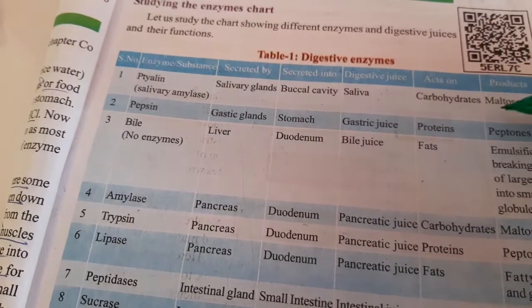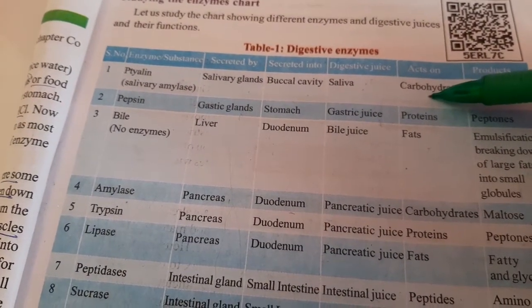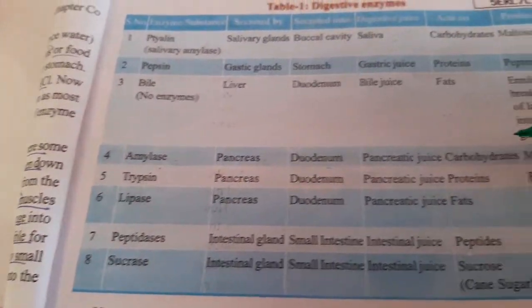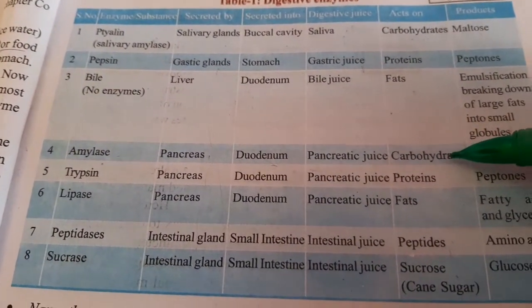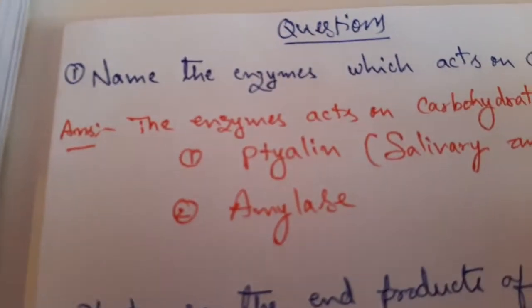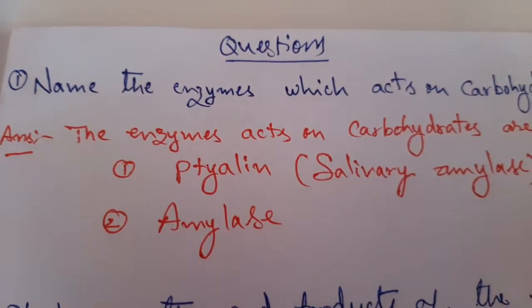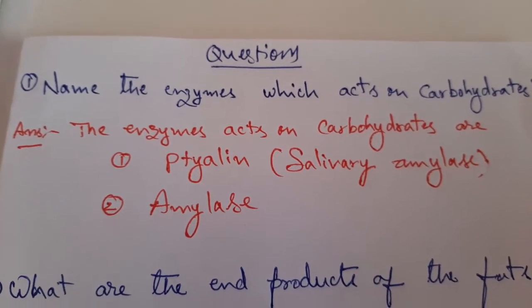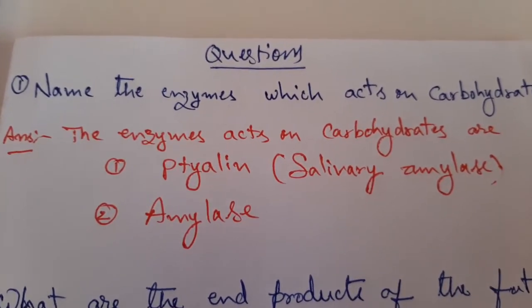It acts on carbohydrates. And similarly, fourth enzyme, that is amylase. It also acts on carbohydrates. So the answer. So name the enzymes which acts on carbohydrates. So the enzymes acts on carbohydrates are ptyalin and amylase.